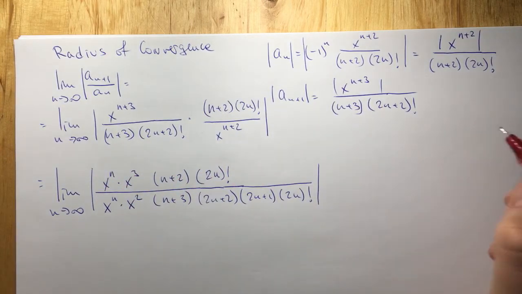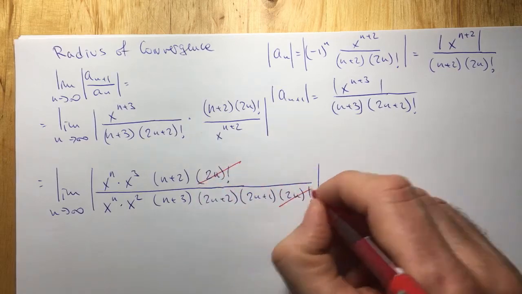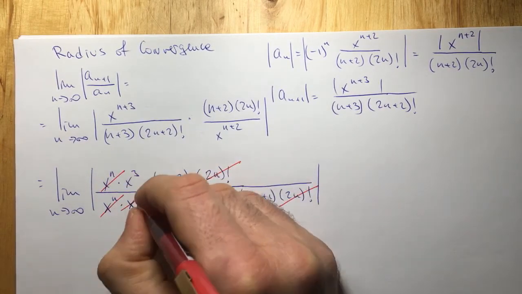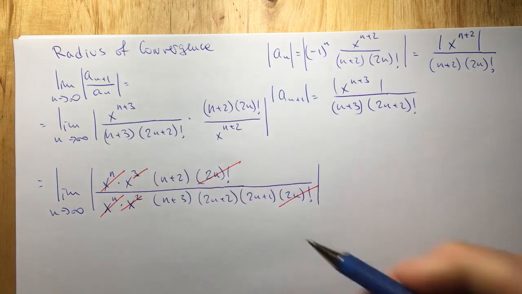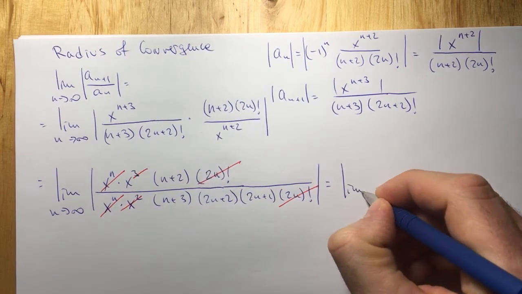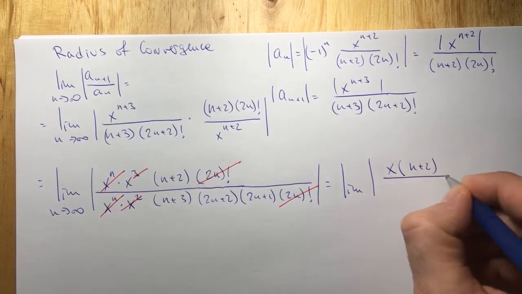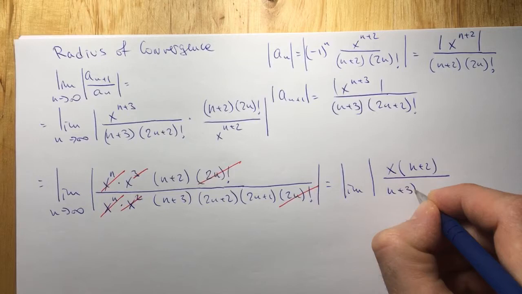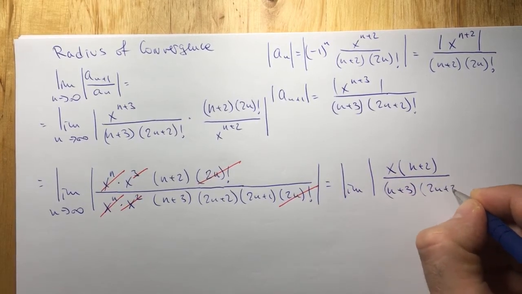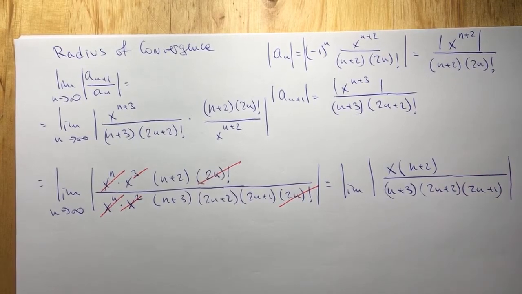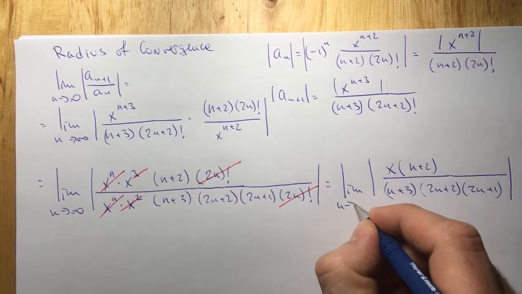Okay, so let's see what we can cancel now. (2n)! and (2n)!, x^n and x^n, and then 2 factors of x remain, leaving us with the limit of |x|(n+2) over (n+3)(2n+2)(2n+1) in absolute value as n goes to infinity.